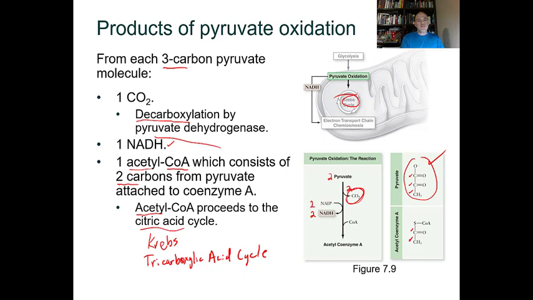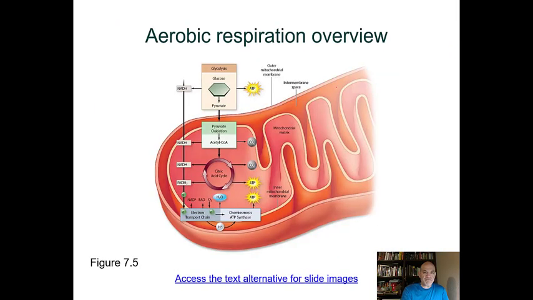So 2 NAD pluses are going to assist in helping to remove hydrogen off of the organic compound, and again, we get the reduced form, NADH. These are electron carriers that are going to go off to the electron transport system. So what do we get off of here? 2 NADHs off of the pyruvate oxidation.